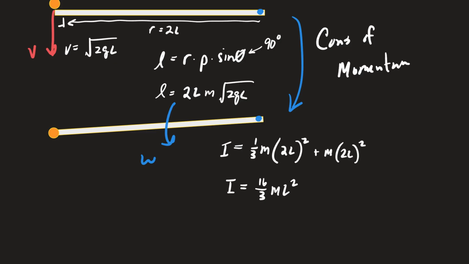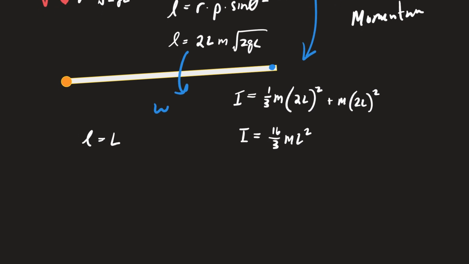So let's bring everything together. This is a conservation of angular momentum collision. So L has to equal L. That's going to be 2LM times the root of 2GL equals I times omega, so 16/3 ml squared times omega.